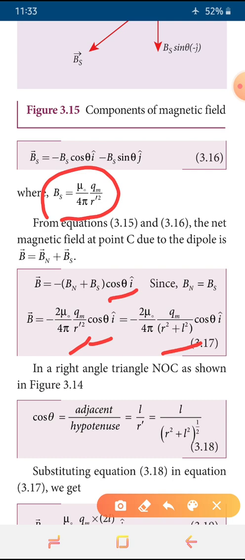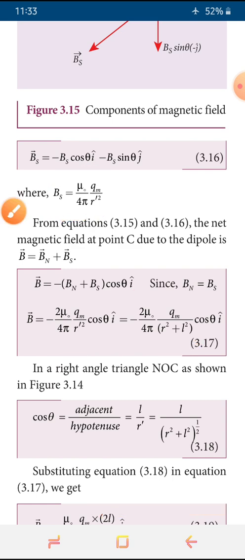And in this equation 3.17, we have to substitute the cos theta value. For that, we use the right angle triangle NOC from figure 3.14. There we use the cos theta formula, adjacent by hypotenuse. From the diagram, the hypotenuse is R dash.